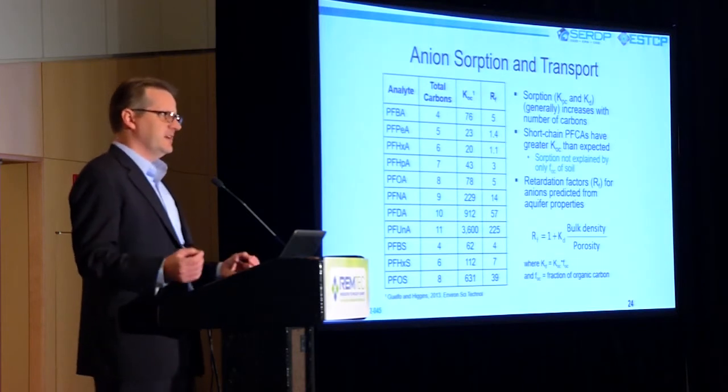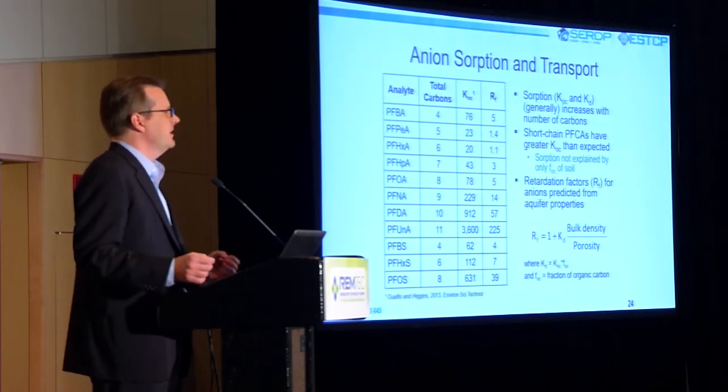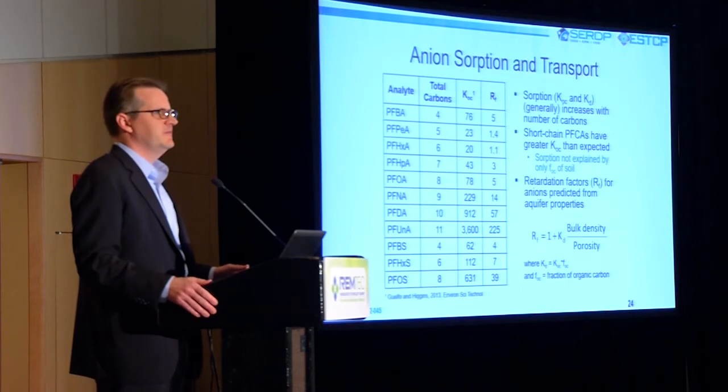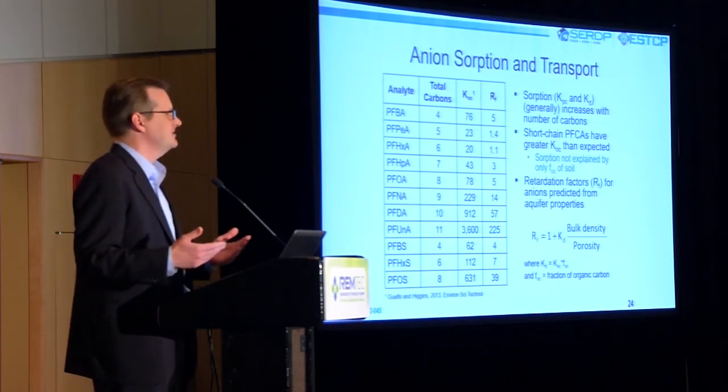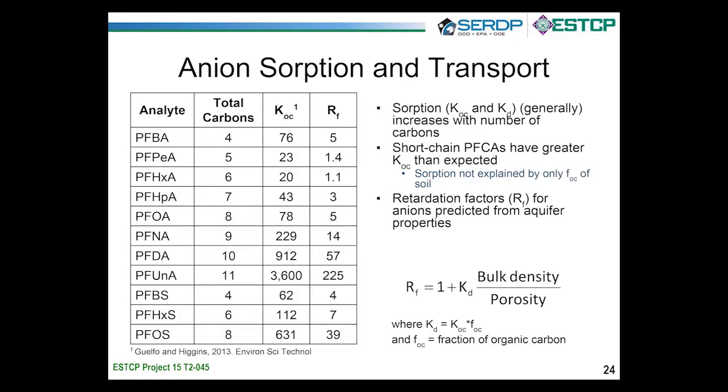When we think about the transport of these compounds, it's interesting that most of the work has been focused on these perfluorocarboxylates and perfluorosulfonates. So the table here is looking at the various chain length perfluorocarboxylates from short to long, and then at the bottom some short to long perfluorosulfonates, and looking at their organic carbon normalized soil water distribution coefficients.